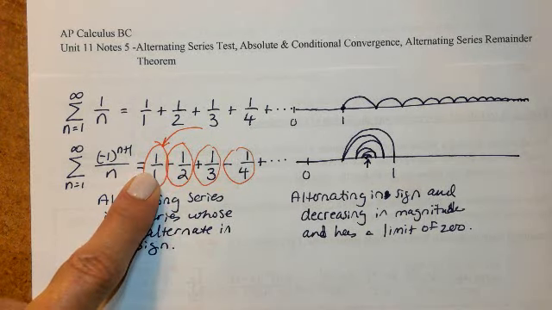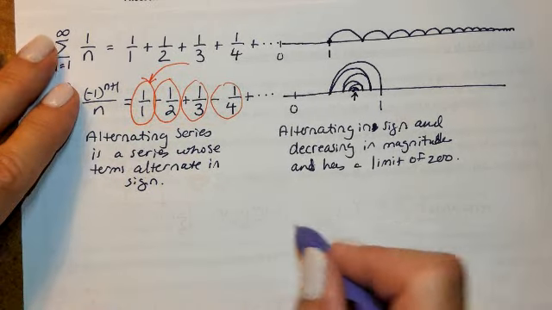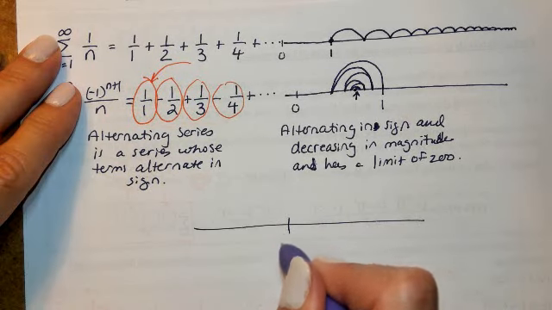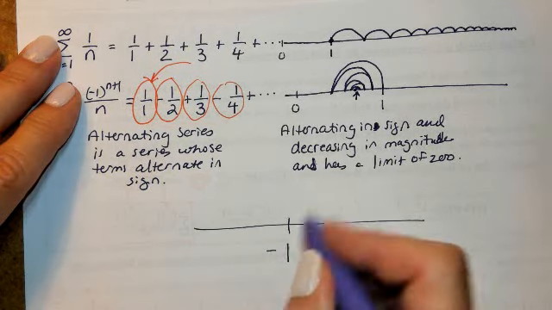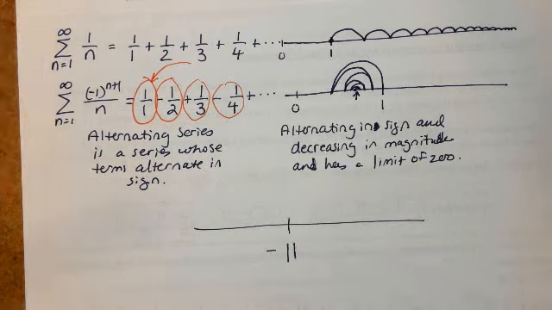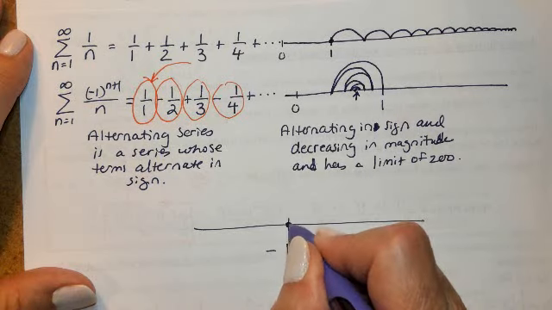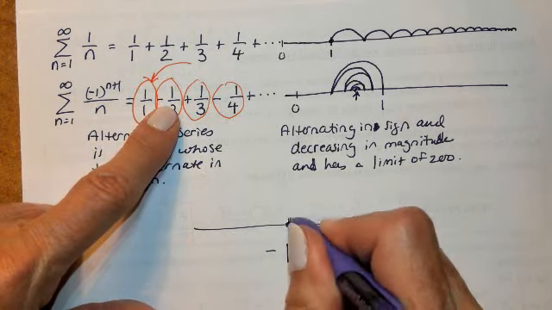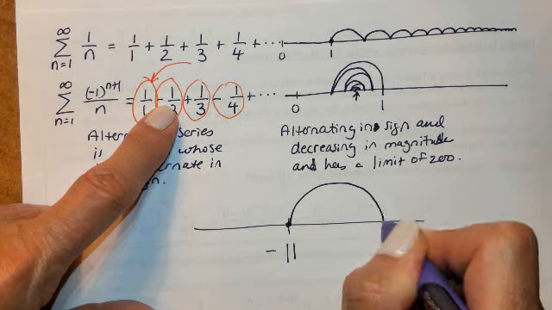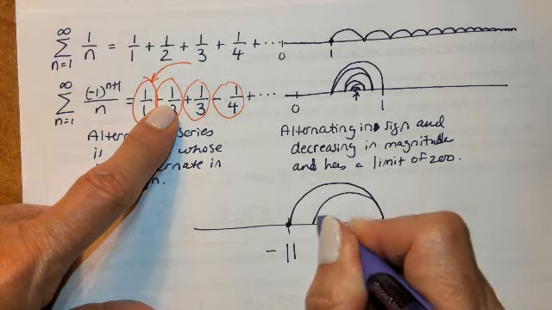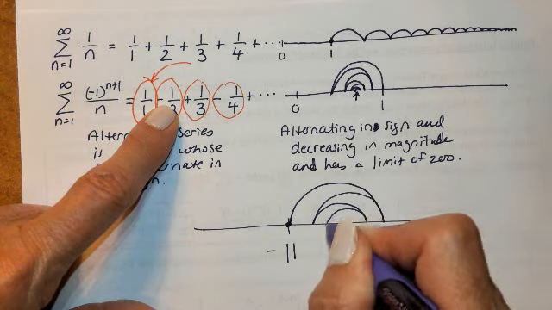What if our first number was negative? Well, whatever it is, negative whatever it is, then the next number would be positive. So you'd be going like that. And then you'd be going back a little bit and forward a little bit, back a little bit, forward a little bit.